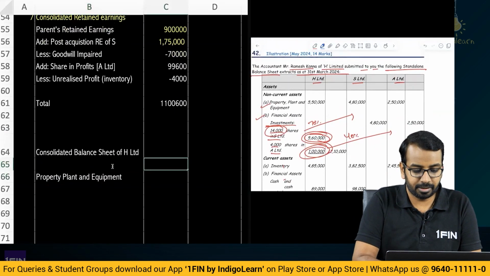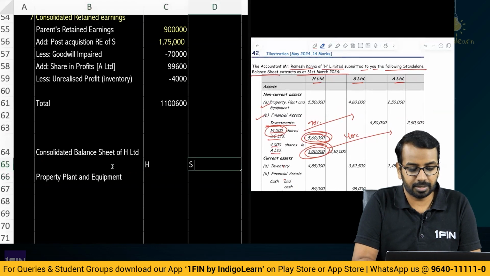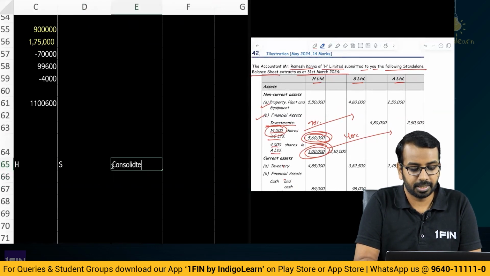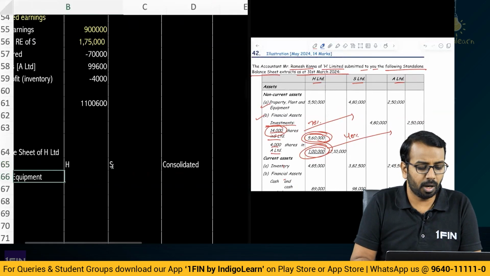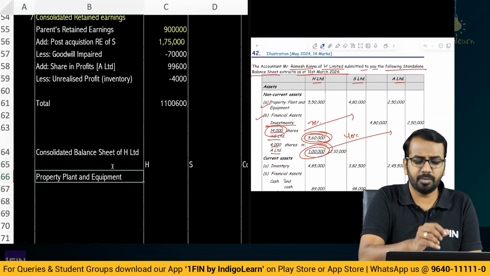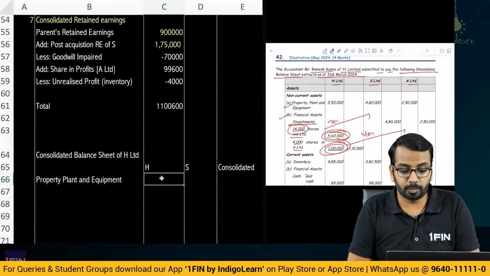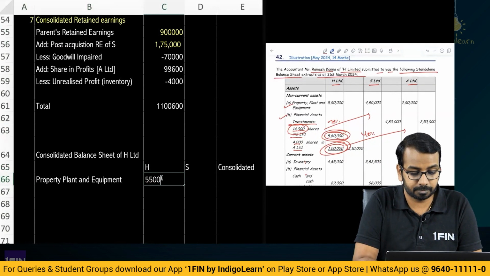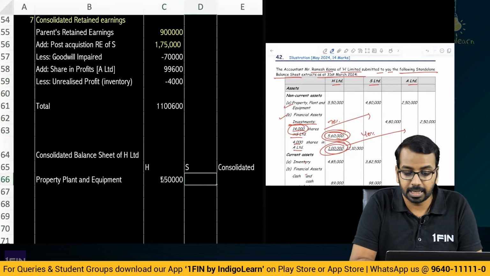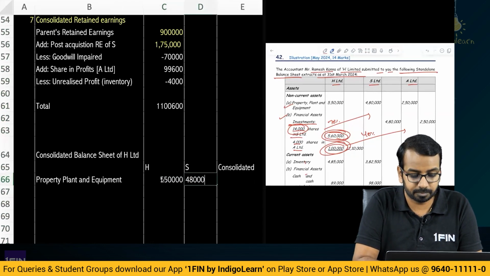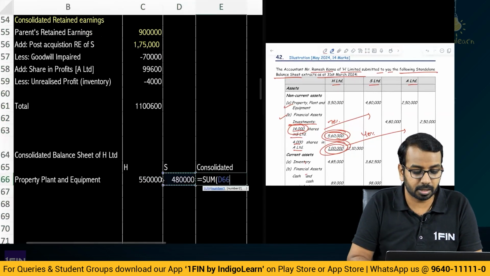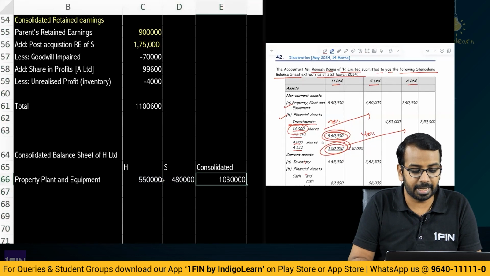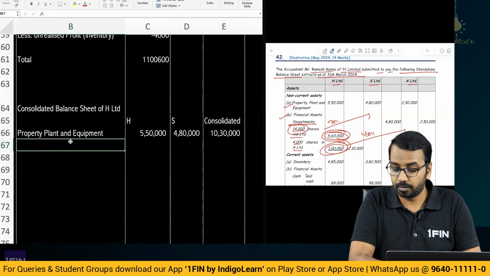We have H Limited, we have S Limited, and we have consolidated number, or if you want, you can show the workings of H and S in the brackets as well. Okay, so property, plant and equipment, H Limited 5,50,000, S Limited 480, consolidated number would be sum of 480 and 580, 10,30,000.